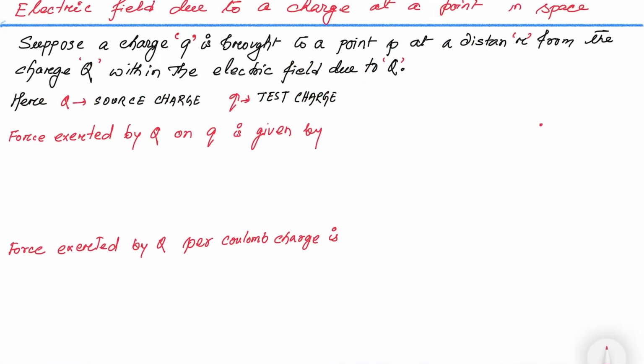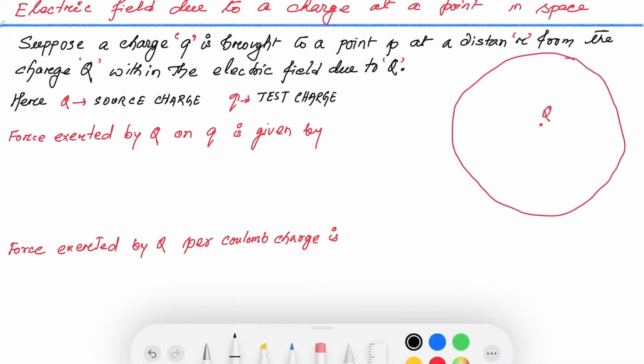Now let us suppose we have a charge here, this is capital Q, and then there must be an electric field around it. So let me represent it by this red circle. Now we are to find the electric field at this point P. What will be the electric field due to this capital Q charge at this point?